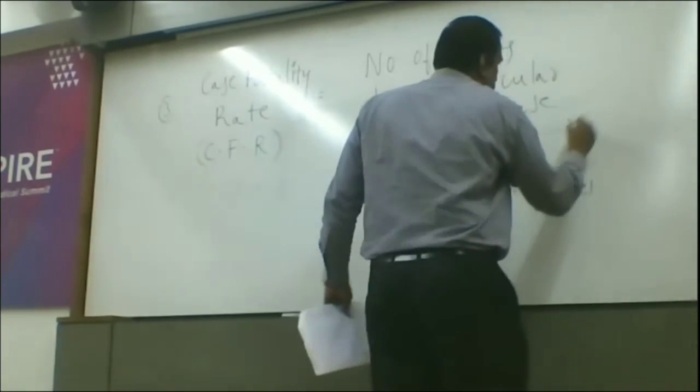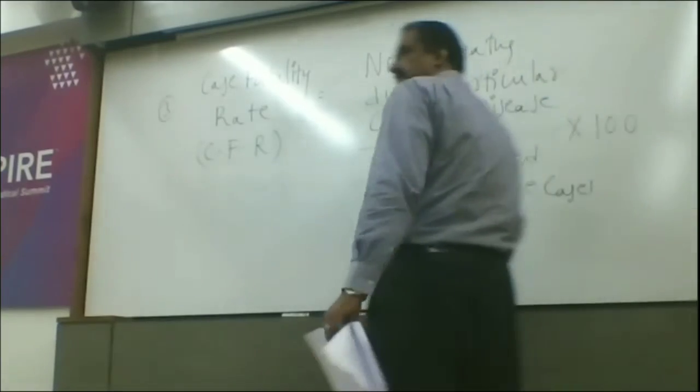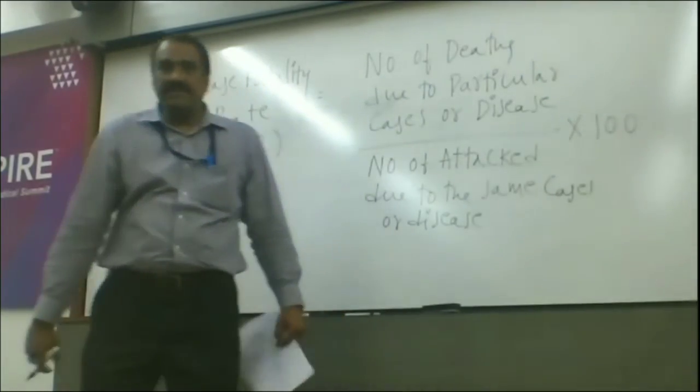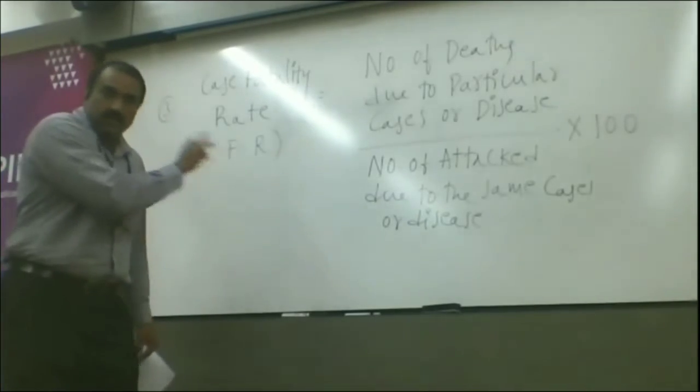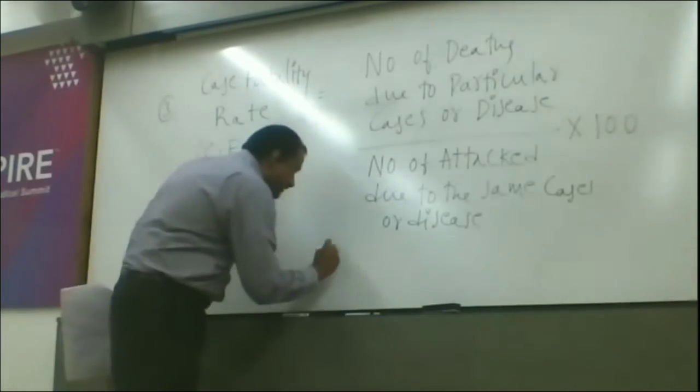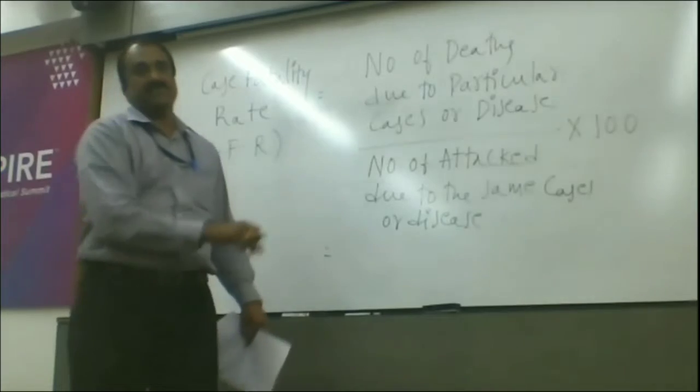And here we are going to multiply with 100, not 1000. That is the main difference between the remaining measures and case fatality rate.